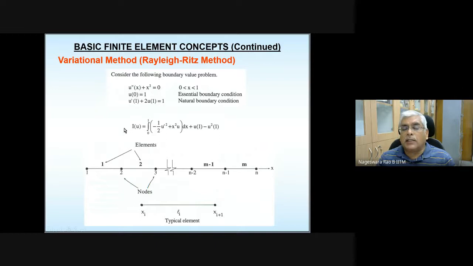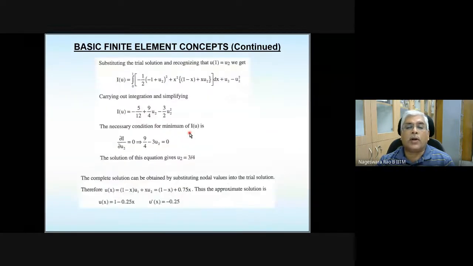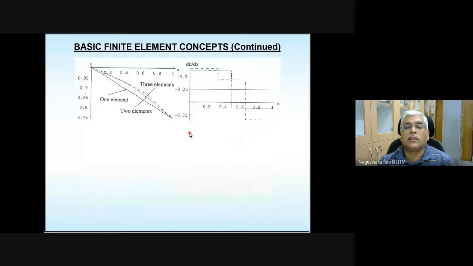We discretize the domain from 0 to 1 into a number of elements, and then we looked at how the solution converges if we adopt one element, two elements, like that. So this is what the convergence plot is.